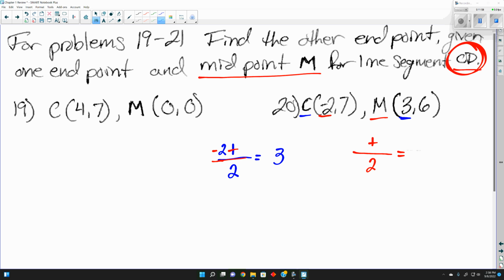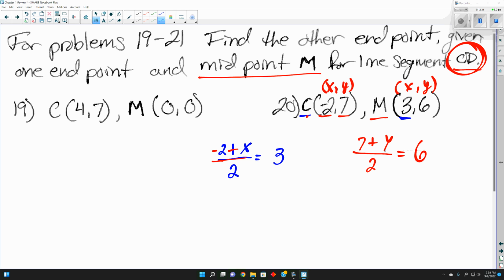So M is the midpoint. C is an endpoint. Well, how'd you know that? Because any point is in the form of x, y. So negative 2 is an x value, but we don't know the other. 7 is the y value, and 6 is the midpoint's y value. So we're just plugging into their corresponding spots.